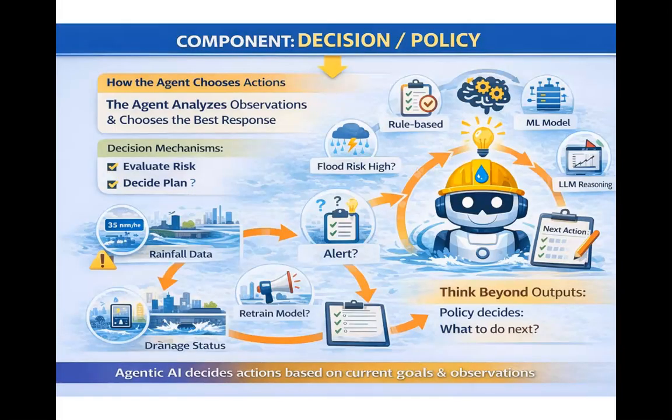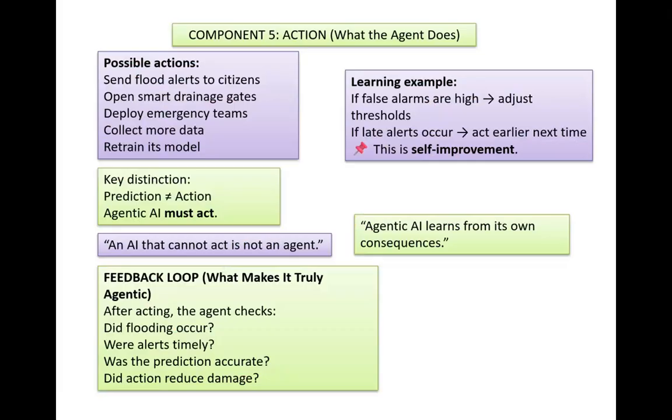For example, say rainfall is only moderate, but during moderate rainfall the drainage systems are blocked, the agent may decide that flood risk is high. So agentic AI does not just ask what is happening, it will ask what should I do next. This is an important component.